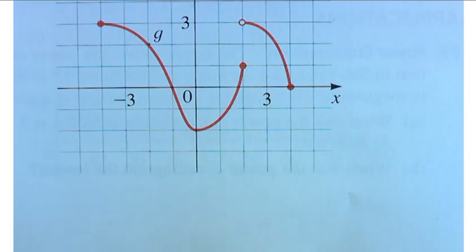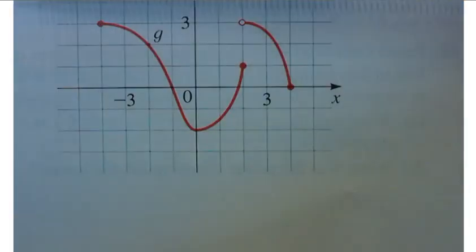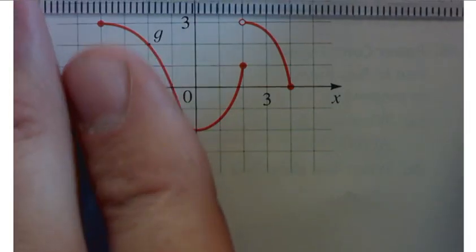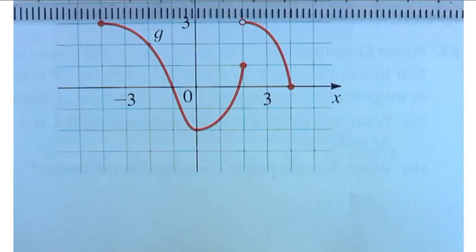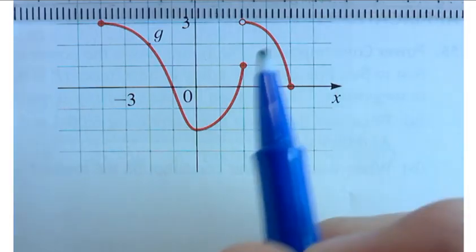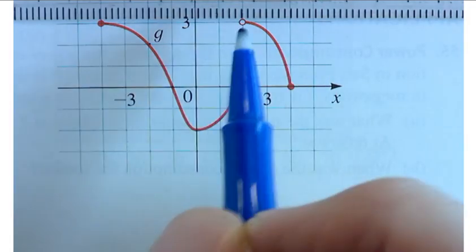What else do they ask you? It says find the values of x for which g of x equals 3. Now this is twisting this around a little bit. I want to find the values of x where the y coordinate is 3. Let me just put this here on our graph. I don't think we have to look too far. Here's the line y equals 3.